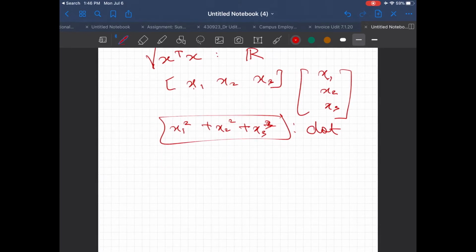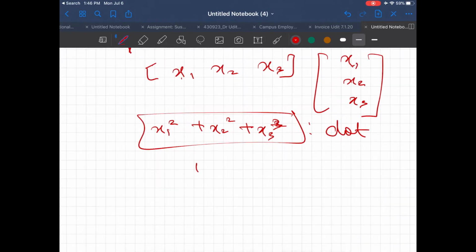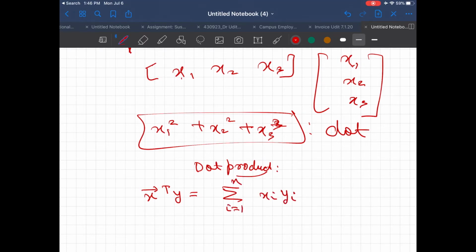So we can define the inner product on two different vectors, and if we are talking about the specific dot product, we can write x transpose y as the summation i from 1 to n of xi yi.